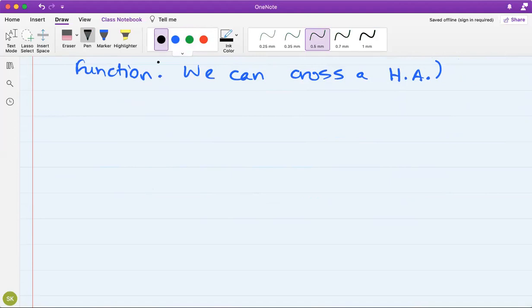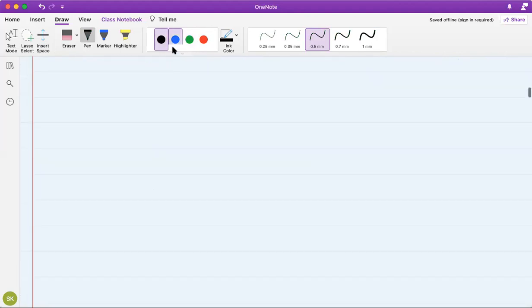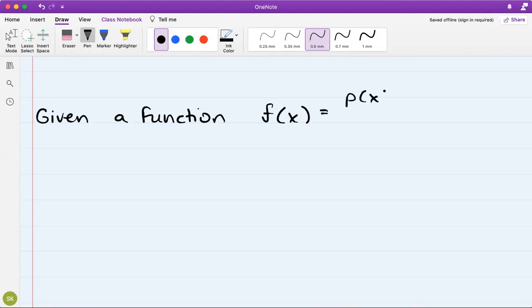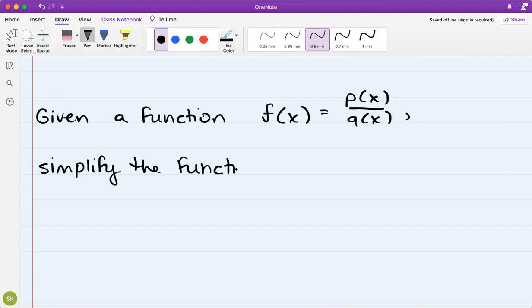Okay, so let's write it down here. Okay, so given a function f of x, let's say is equal to p of x over q of x, simplify the function as much as possible.